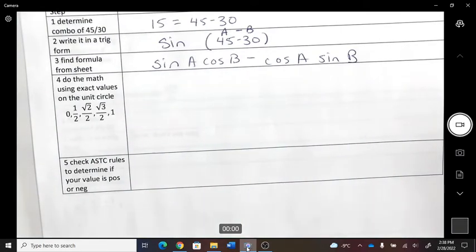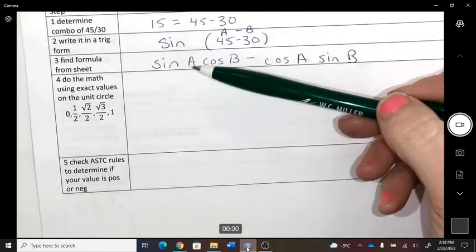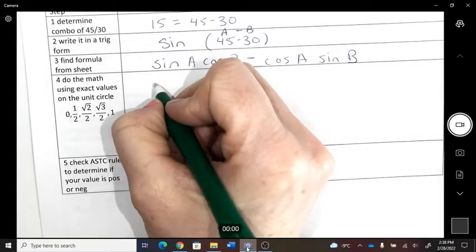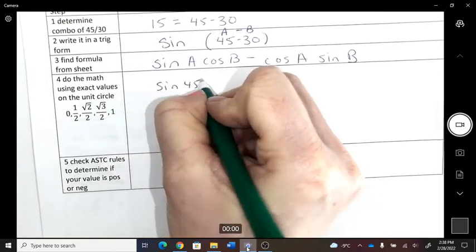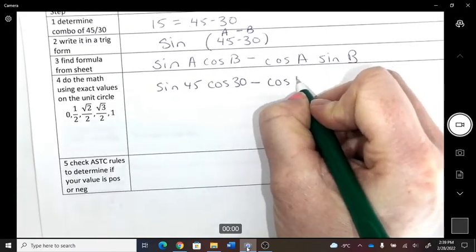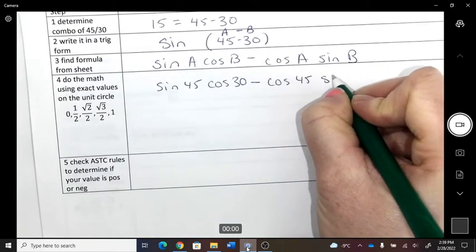Okay, so in this situation, 45 would be our first angle, 30 would be our second angle. So I'm going to go sine 45 cos 30, subtract cos 45 sine 30.